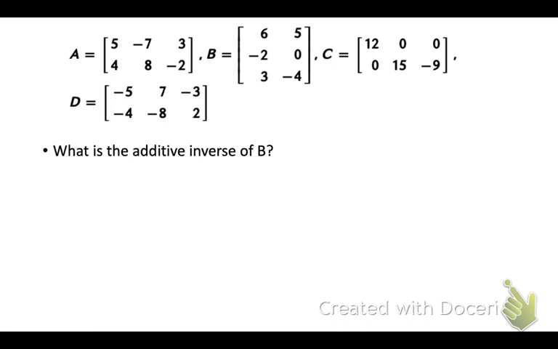Okay, what is the additive inverse of B? -6, wait. Going down or across. Okay, you guys do it. Put it on your paper since it's the last thing. The additive inverse of B. Okay, do you have -6, 2, -3, -5, 0, 4?